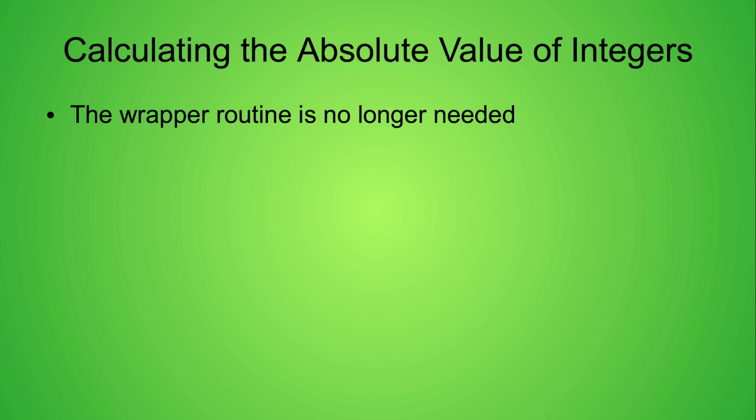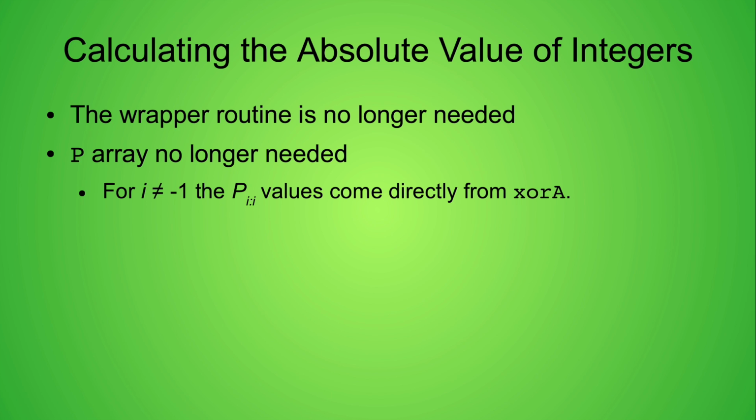Since the exclusive OR operation has been moved into the adder module generated by the modified version of padder.py, the wrapper routine is no longer needed. This also means we no longer need the array p, because the p sub i colon i values come directly from XOR a, unless i is minus 1, then p sub minus 1 colon minus 1 is 0.